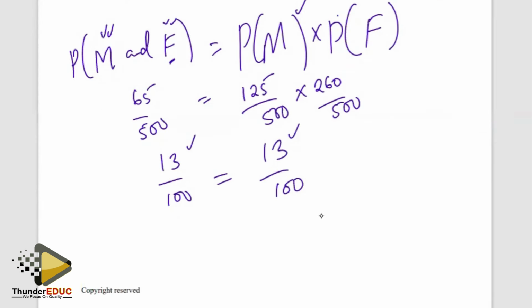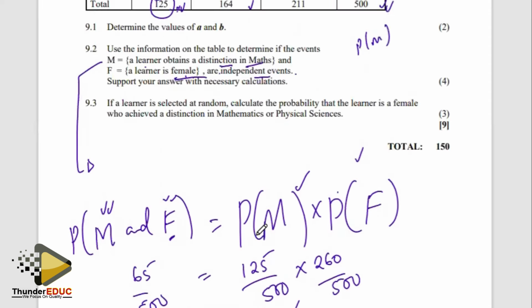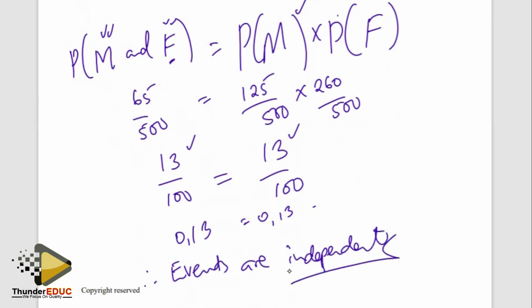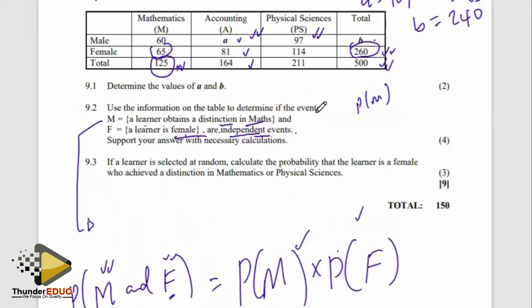Alternatively, you can just use decimals, okay? 0.13 is equal to 0.13. So if this scenario pops up, then we can conclude that the events are independent. If the sides are different, then the events will be dependent, or they will not be independent.